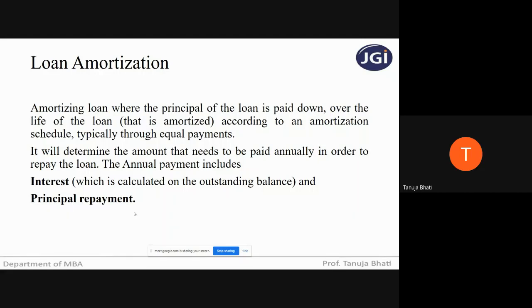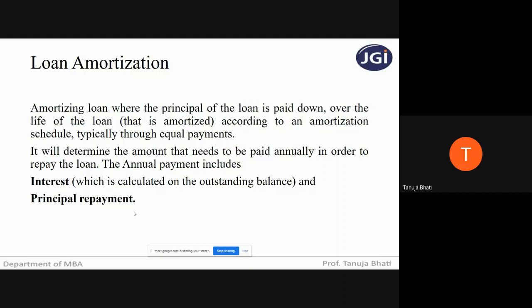In my example, the period of the loan is 10 years, so that loan amount will be spread over 10 years, and in these 10 years we are supposed to pay the installment, or EMI. This installment will have two elements in it: the interest amount and the principal amount.